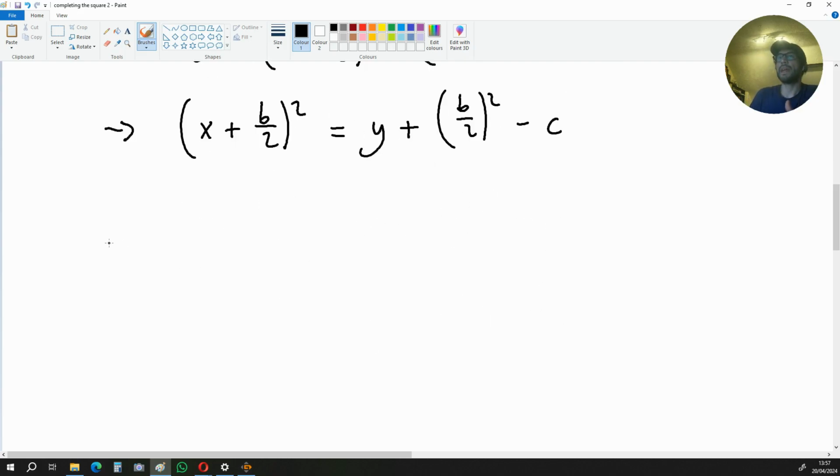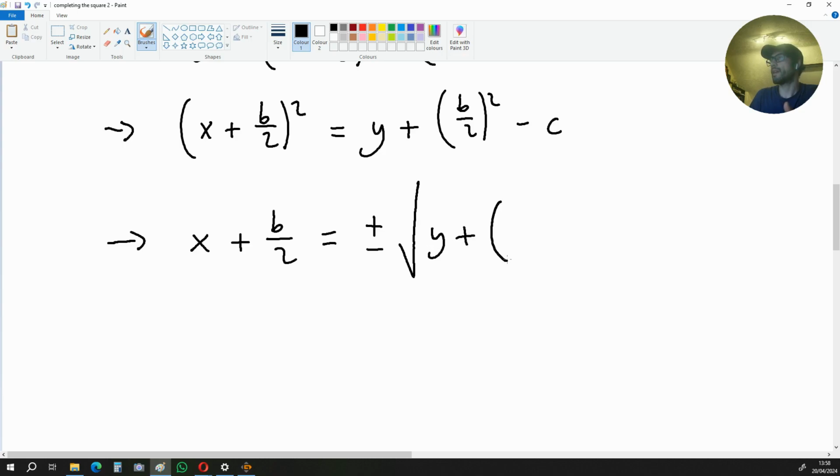From here, we can make another conversion. We're going to take the square root of both sides of this equation. That will leave us with x plus b over 2 is equal to plus or minus the square root of y plus b over 2 squared minus c.